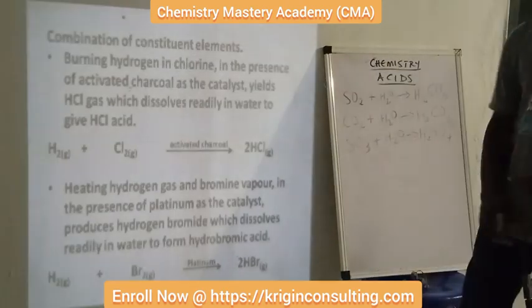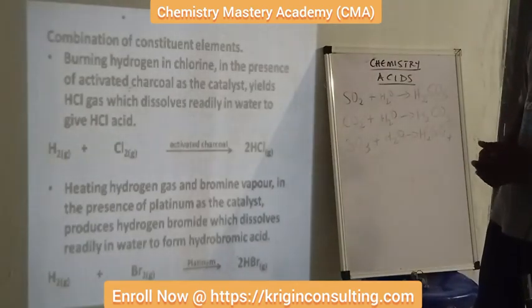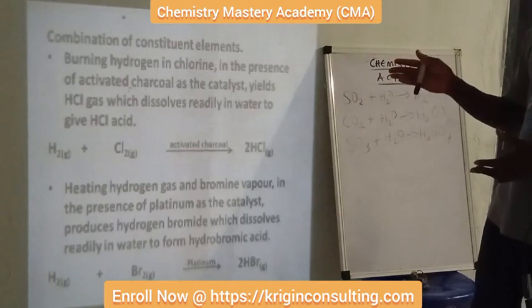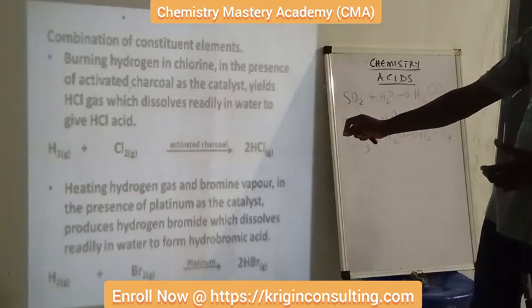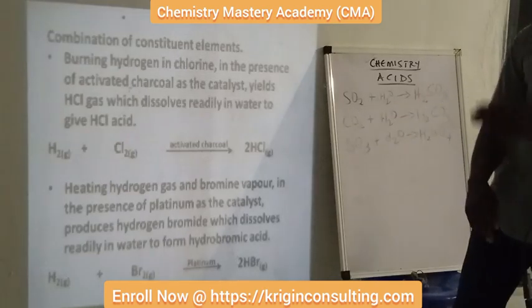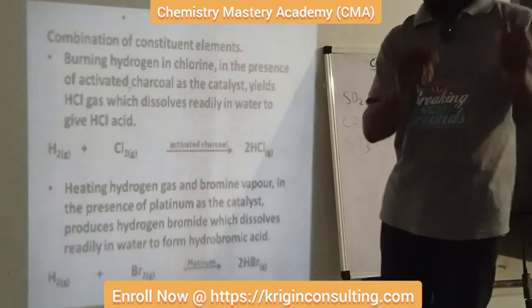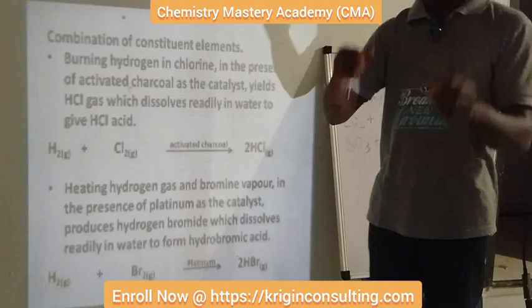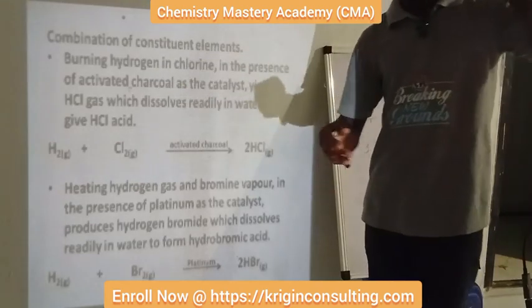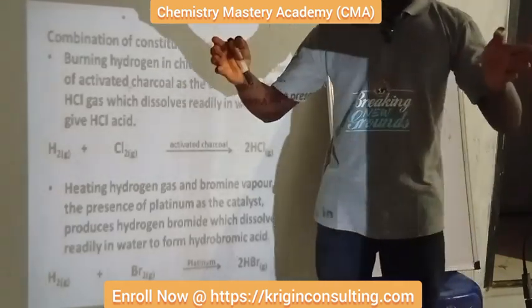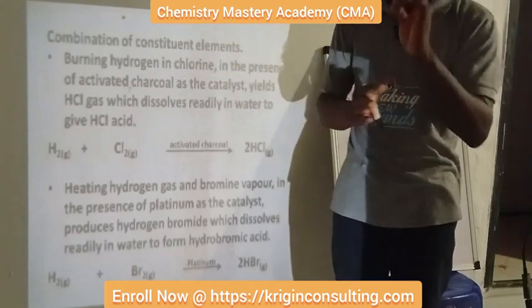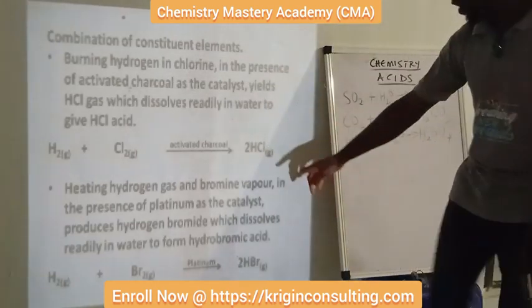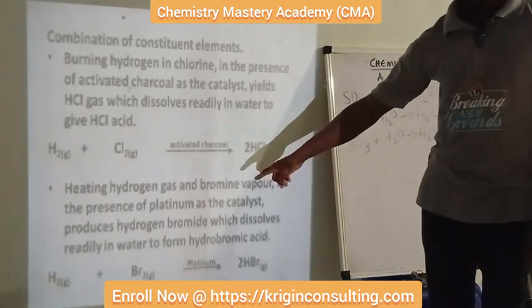Now, another way to prepare acid, still under the combination of constituent elements, is heating hydrogen gas and bromine vapor or bromine gas. When you take hydrogen gas and bromine gas and join them together, you will form hydrogen bromide.